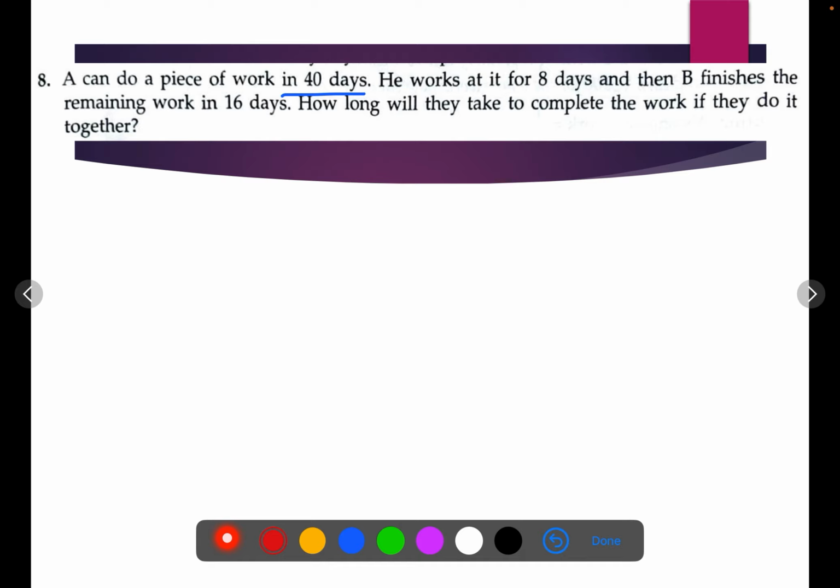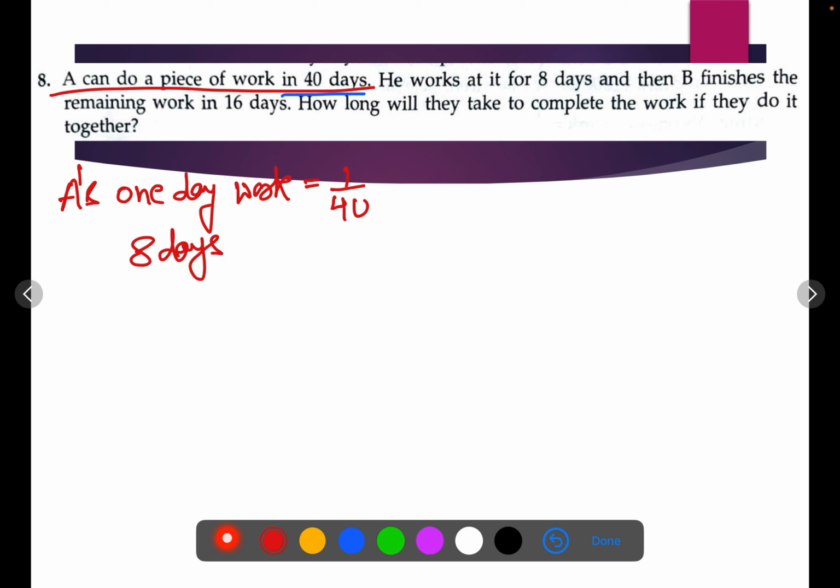So a piece of work in 40 days. So I can simply find out A's 1 day work. A's 1 day work will be 1 upon 40. Since it is given A can complete in 40 days, but A has done only for 8 days. So 8 days work will be multiplied by 8. So 8 into 1 upon 40, which is 1 upon 5. So 1/5 of the work A has done.